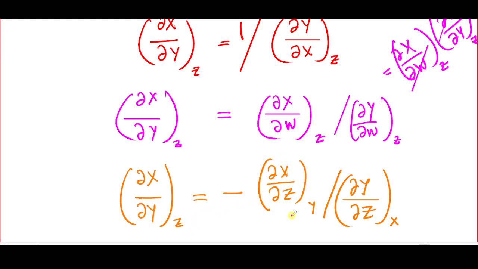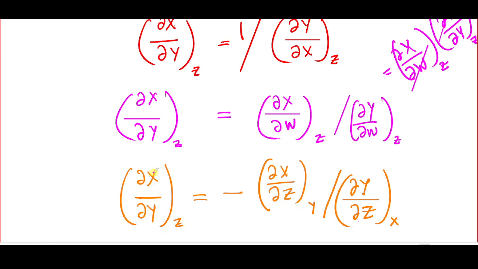So you get del x del z at constant y over del y del z at constant x. Once again, if you use this crude analogy between a derivative and a ratio, the del z's seem to cancel. But what is extremely important here is that the same quantity is not being held constant.